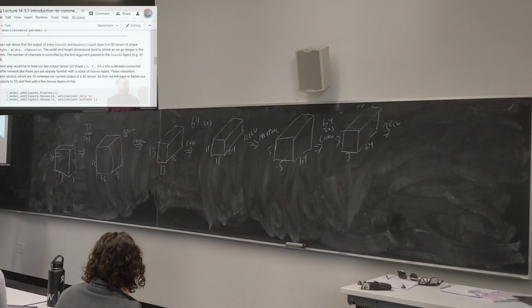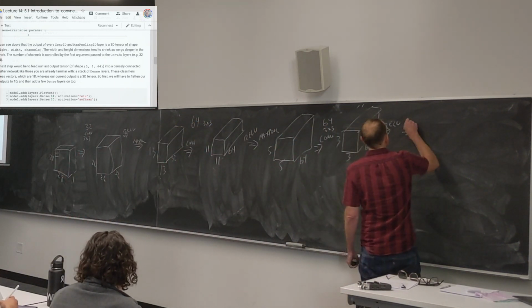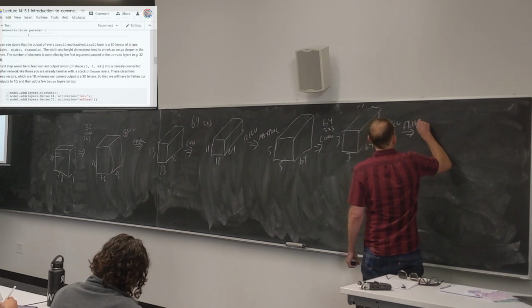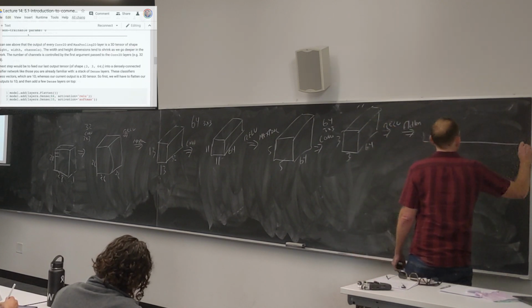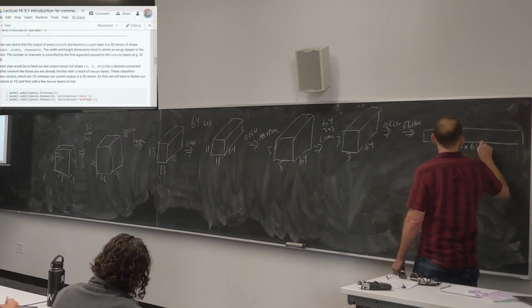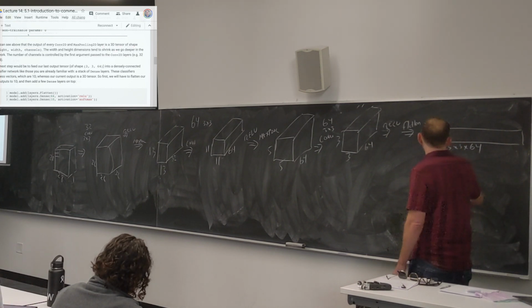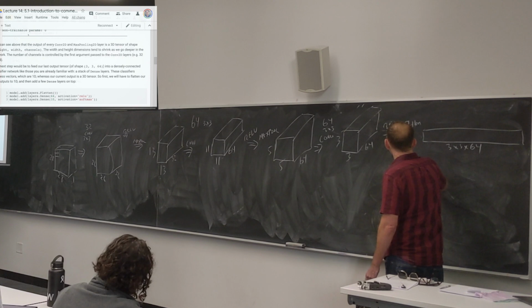Okay? So flatten takes this 3 by 3 by 64, and now we're flat. We know how to do a fully connected layer.